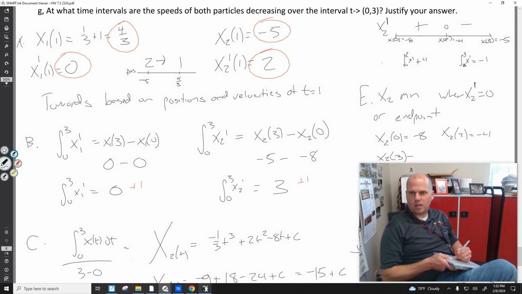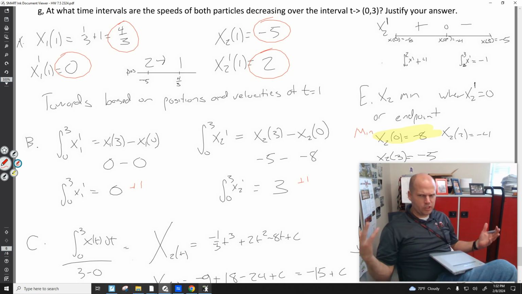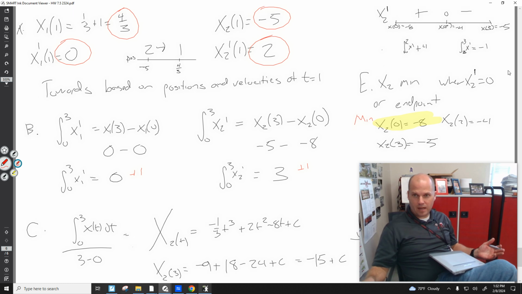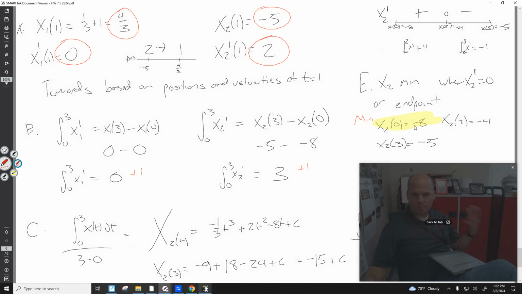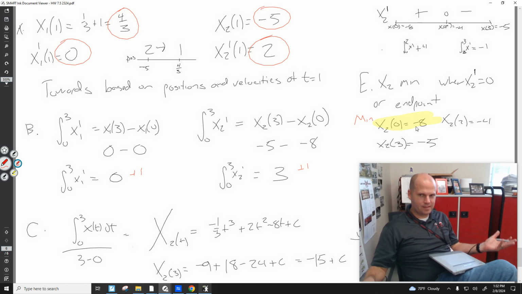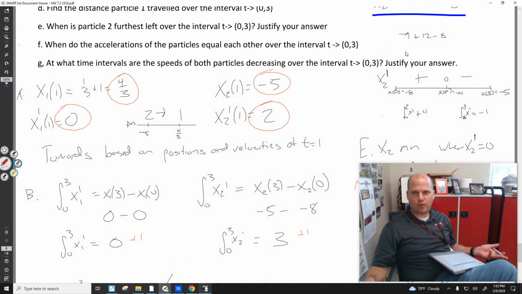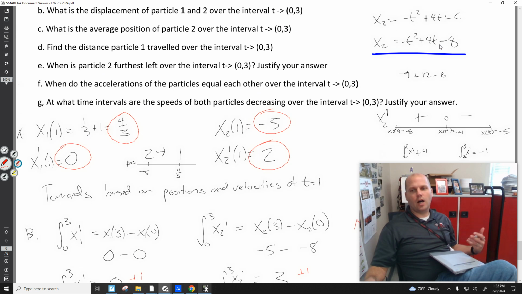X2 of 3 is negative 5. Here is my min starting point. By candidates test. What's the candidates test? It's like, here's where my candidates come from. Here are my candidates. Boom. This wins the candidates test. You don't need anything. Since you have the function for x sub 2, you have the equation. You just have to compare the values.